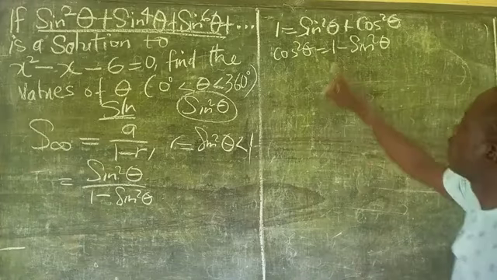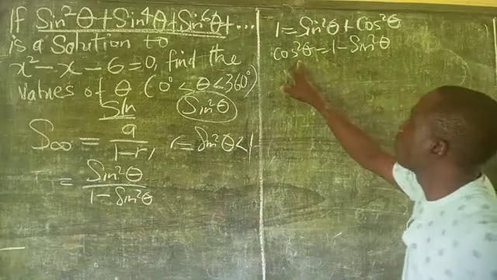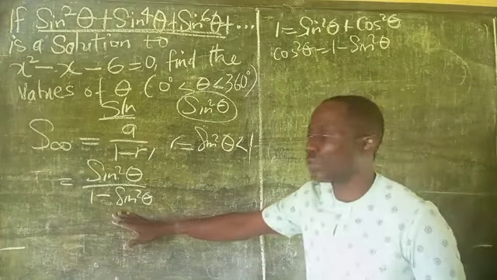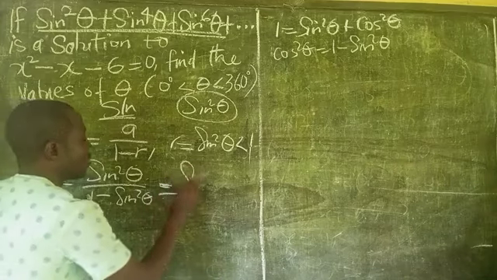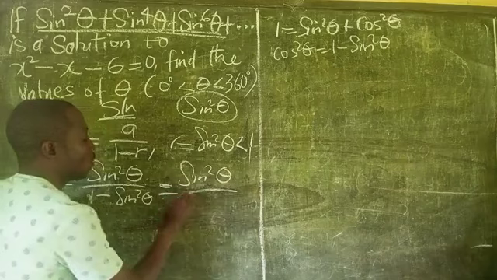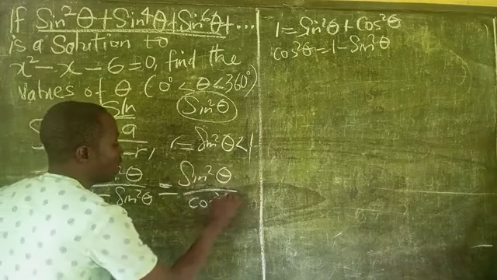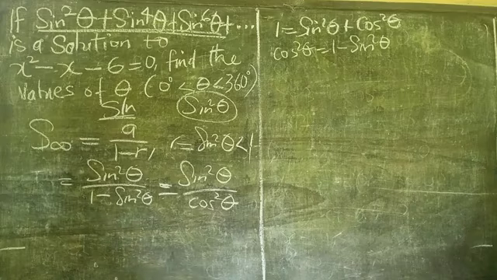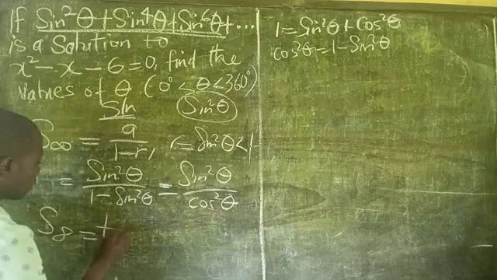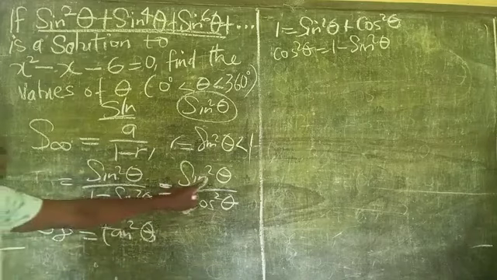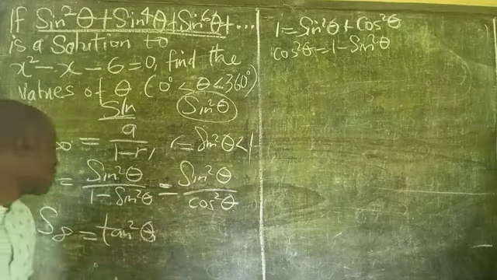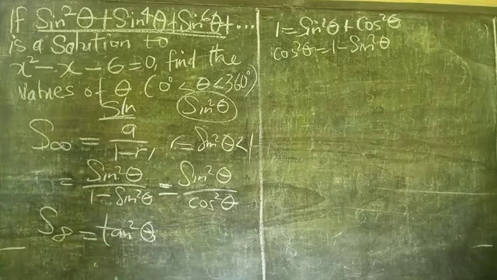In the place of 1 minus sine square theta, we replace it with cos square theta, which is the denominator. So this becomes sine square theta all over cos square theta, and the sum to infinity eventually becomes tan square theta.